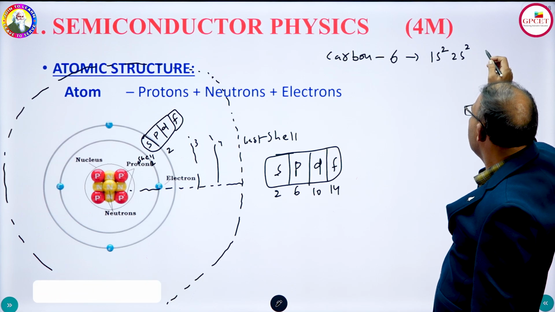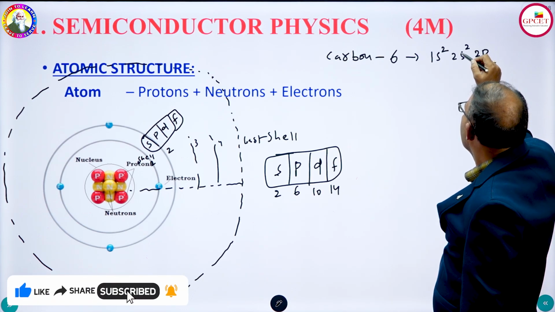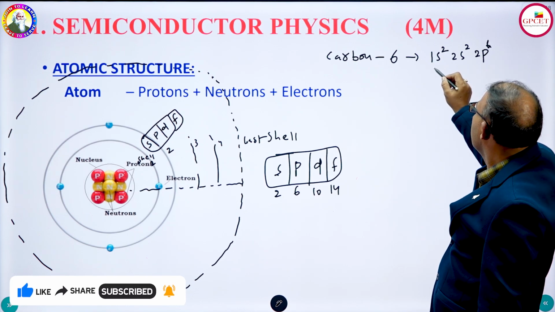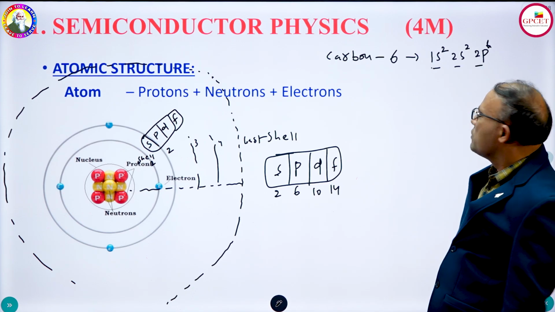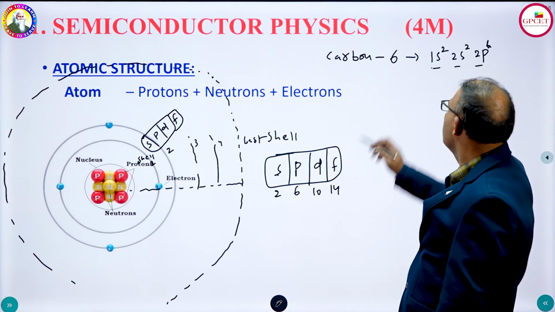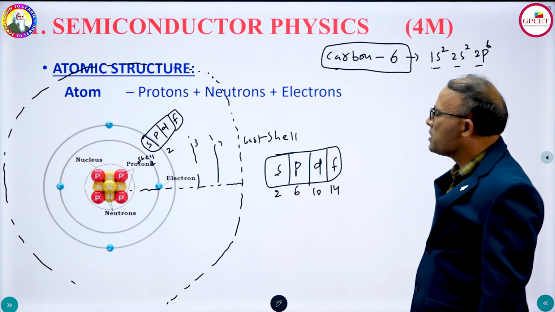So 2 electrons, 2 electrons, 2 electrons: totally 6 electrons are present in the subshells for carbon, whose atomic number is 6.